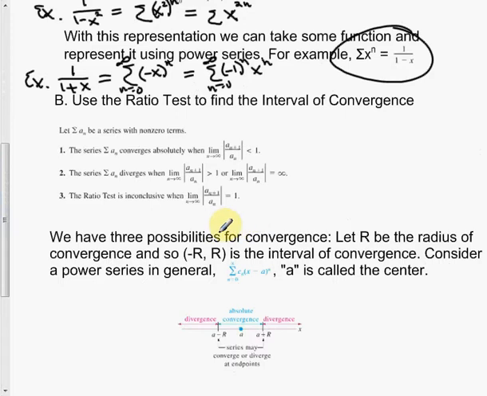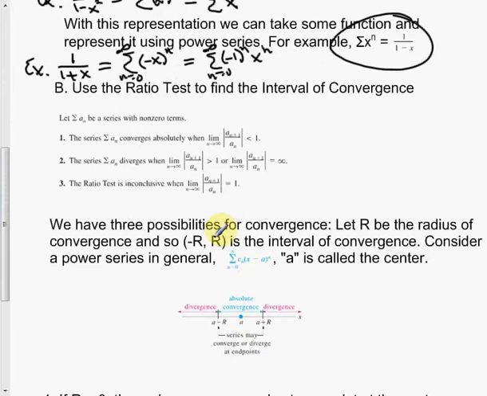Now, when we do that, we have three possibilities for the convergence. I said that before I ran this recording, but here let's state it. Let R represent the so-called radius of convergence. That radius could be 0, that radius could be an actual radius, or that radius could be infinity.